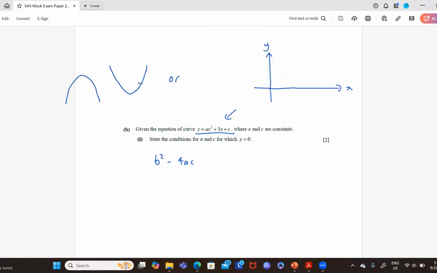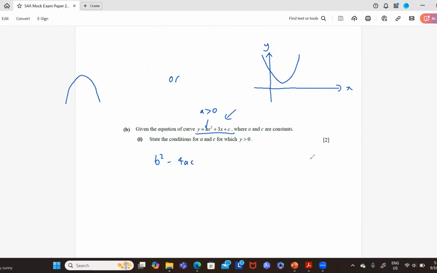It has to be a smiley face looking graph. For a smiley face looking graph, the coefficient of x squared, which is a, has to be positive, more than 0.